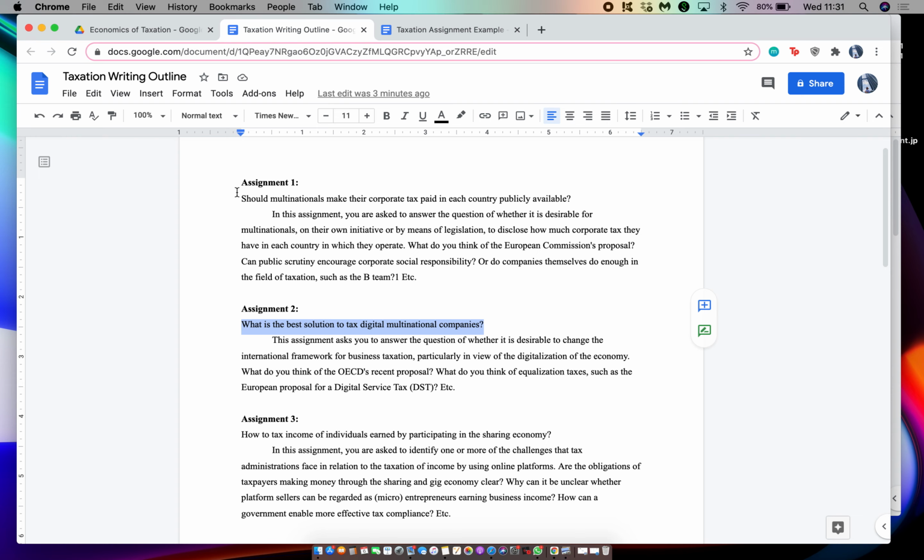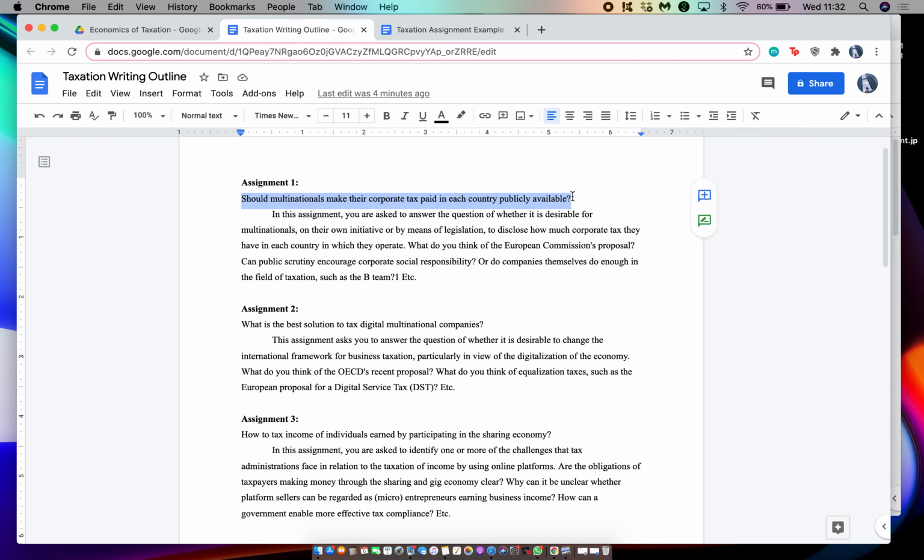So I would definitely recommend for these three to make your research question a little bit more targeted to a specific country or specific concept or idea, because in that case, you can fit it in the word limit. Because really, if you tried to answer this whole question, for assignment 2 or even for assignment 1, in 3,000 words, I think it would not be enough space to actually properly answer it.